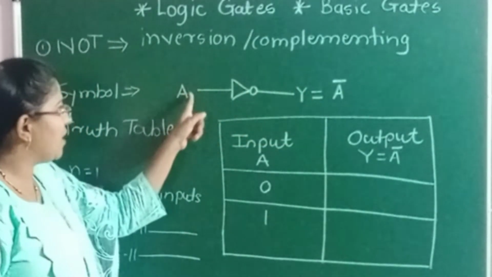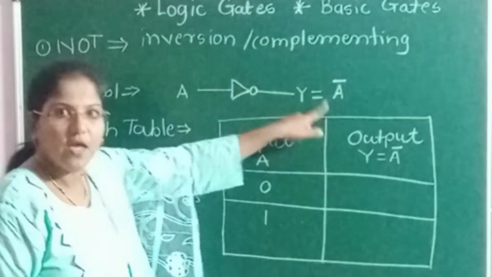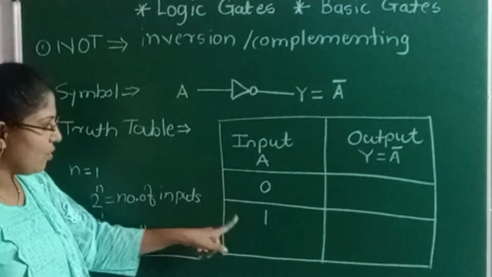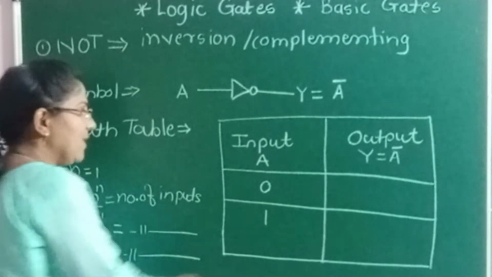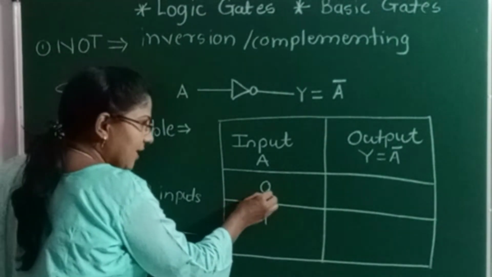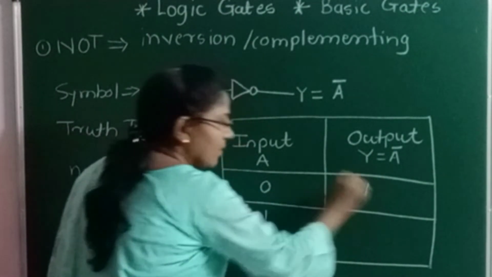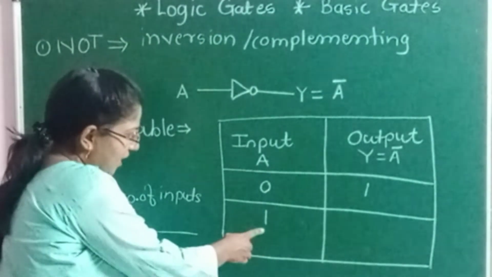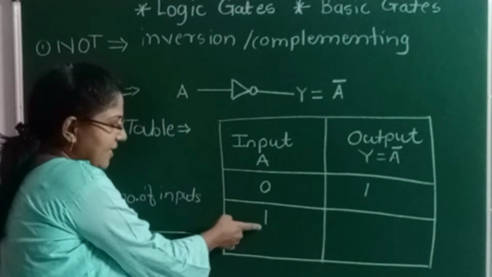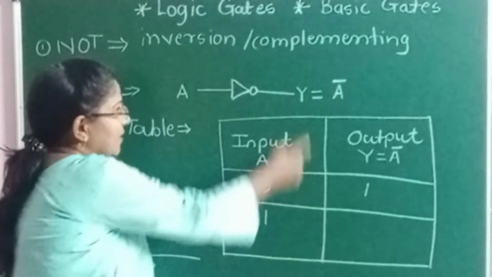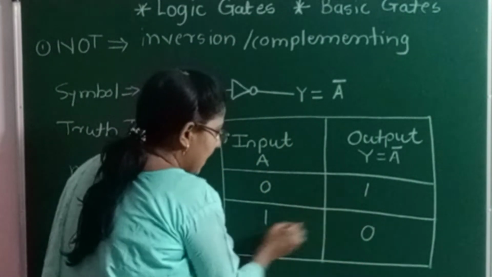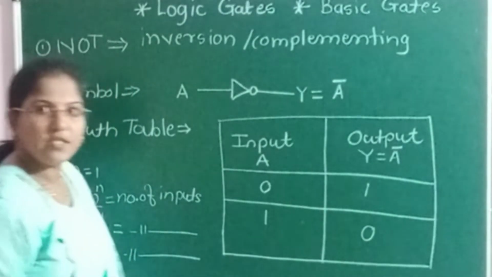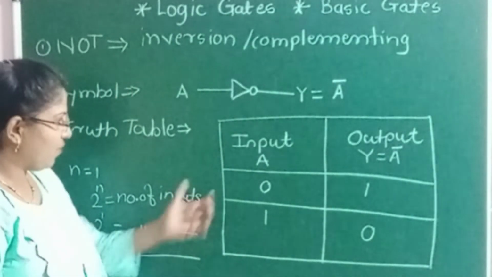That means it will change 0 to 1. If the input of the NOT gate is 1, then it will change it to 0. That means whenever the input of the NOT gate is 0, output will be 1. If the input of the NOT gate is 1, A is equal to 1, then output will be 0. So 0 to 1 and 1 to 0. So this is how the NOT gate works.